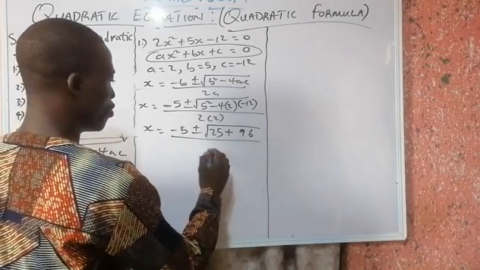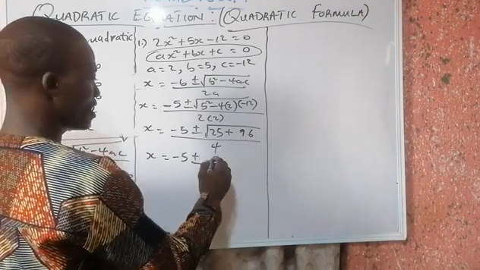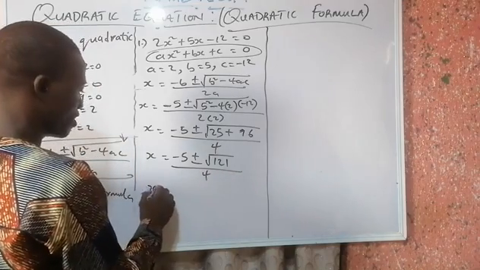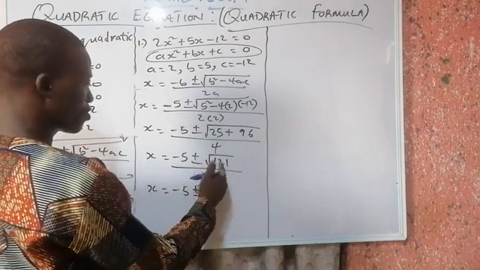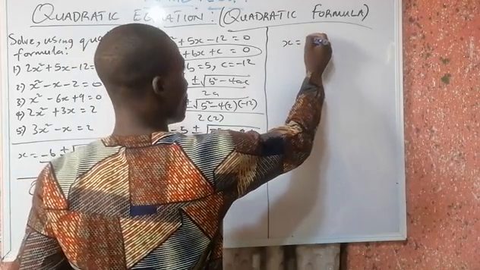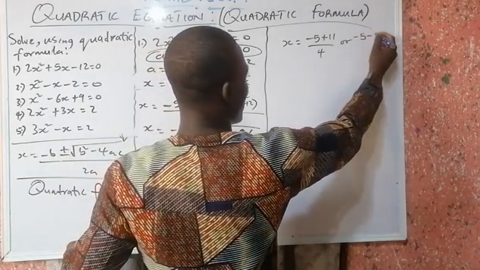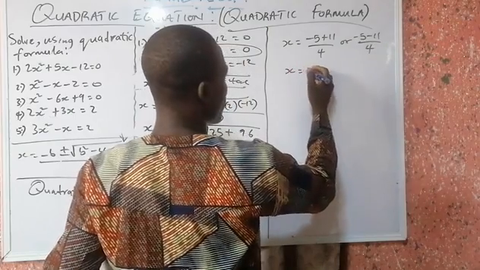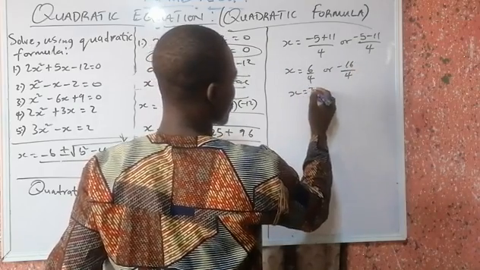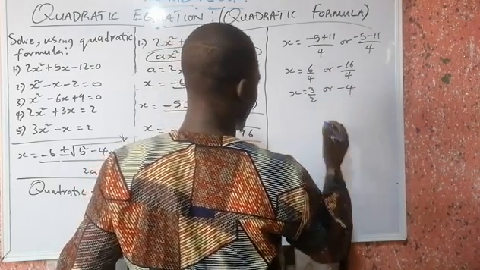Okay, then over 4. x equals minus 5 plus or minus, if we add this, it's going to give me root 121 over 4, and that will give me x equals minus 5 plus or minus square root of 121, which is 11, over 4. And then x equals minus 5 plus 11 over 4, or minus 5 minus 11 over 4. x equals 6 over 4, or minus 16 over 4. x equals 3 over 2, if you use 2 to cut this, or minus 4.